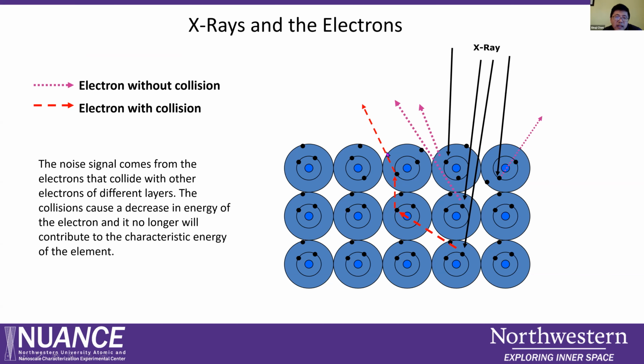So this electron cannot contribute to the peak, because the energy has already shifted. When the analyzer measures, the kinetic energy is much less because they lose energy. So that electron cannot contribute to the peak; it will contribute to the noise, like a background.